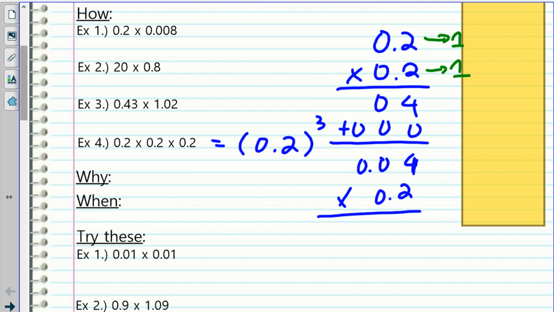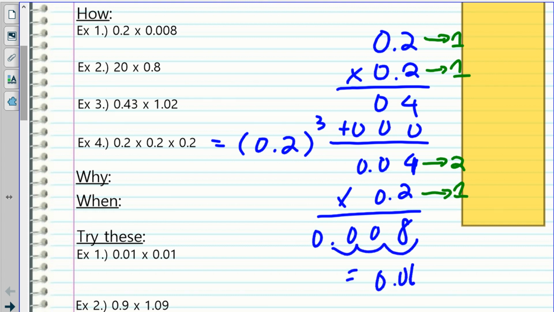Now let's see, 2 times 4 is 8, 0, 0. All right, no need to do the rest here. So here we got 2 decimal places. Here I got 1. What does that mean? We're moving 3 decimal places total. 1, 2, 3, decimal, add a 0. 0.008. All right, that's the answer.